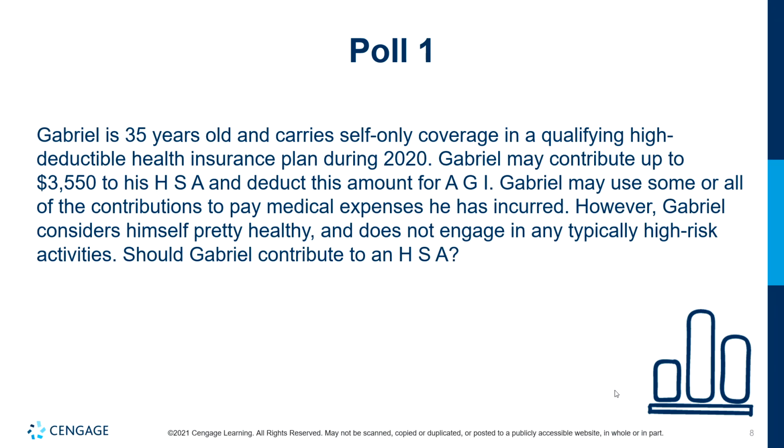But if he does not need it, he could reduce his AGI and his current year taxes. Any amount he leaves in the HSA account will accumulate earnings tax-free and carry forward to be available for payment of qualified medical expenses in the future. And after he turns 65, again, he can withdraw it without penalty for other expenses.